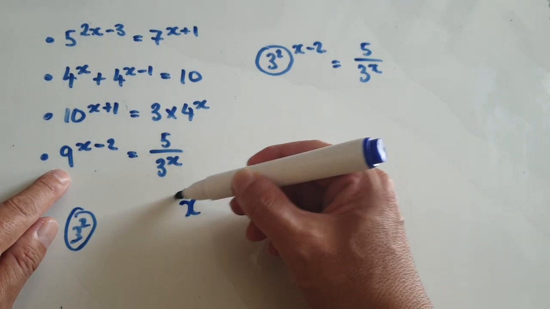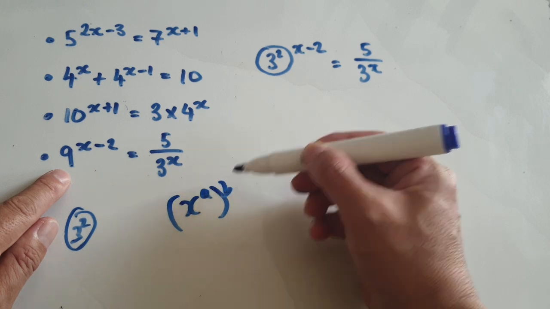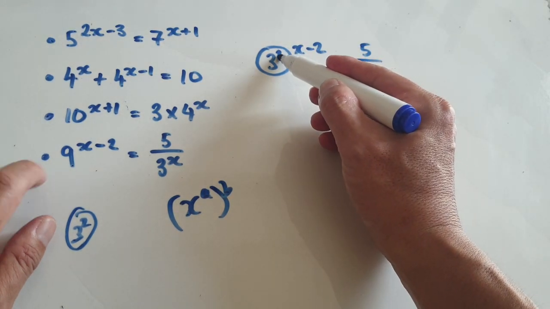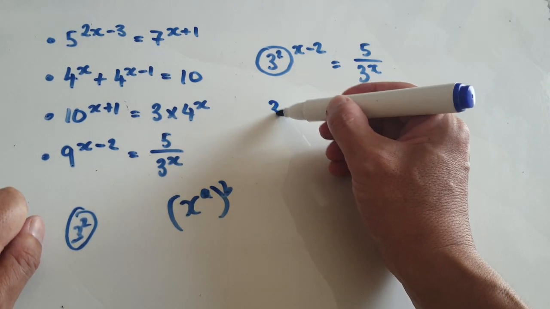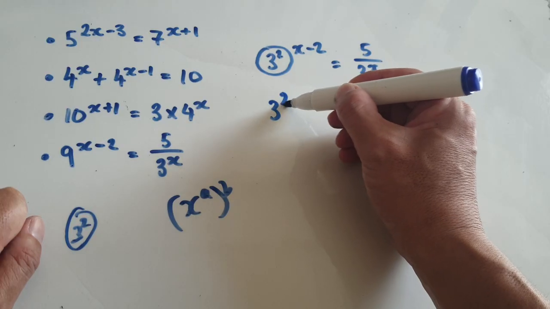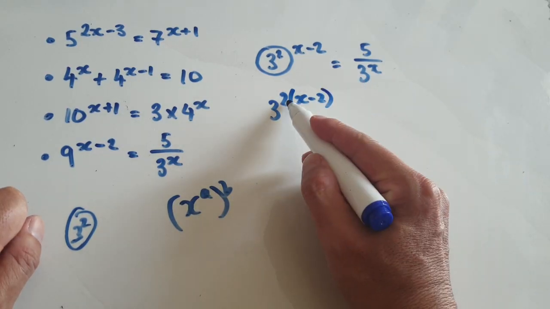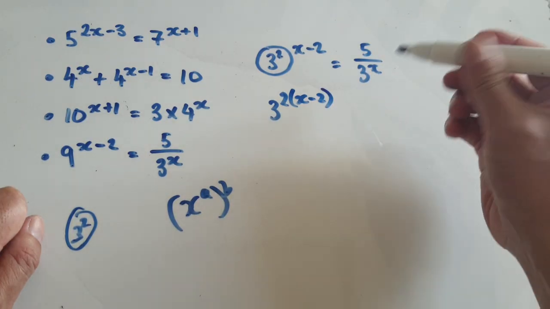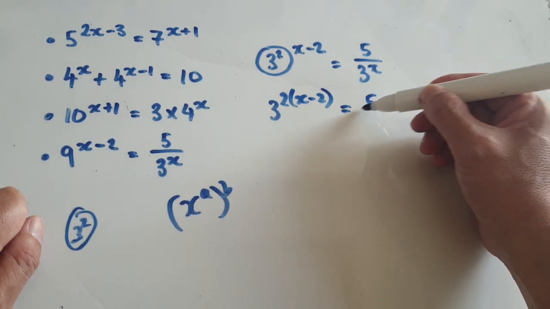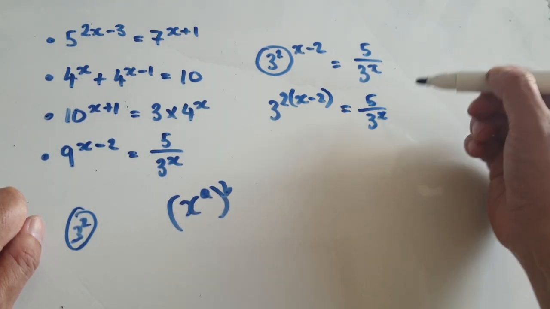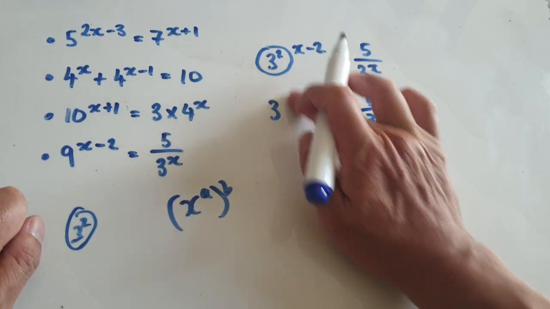Remember, x to the power of a to the power of b, you get a times b, so you should get this times this. So visualize it as 3, 2 bracket x minus 2. So that's really 2x minus 4, okay?